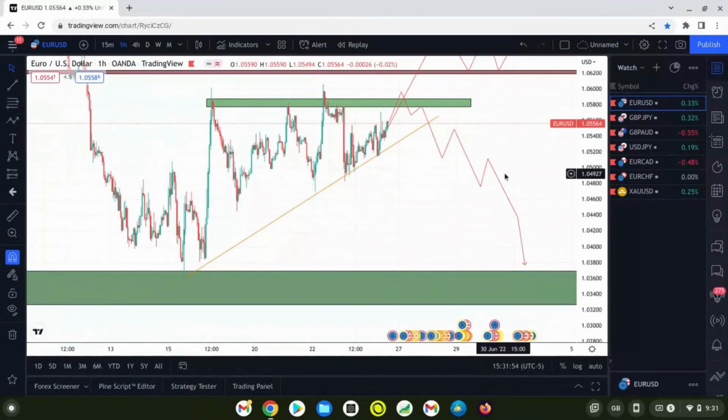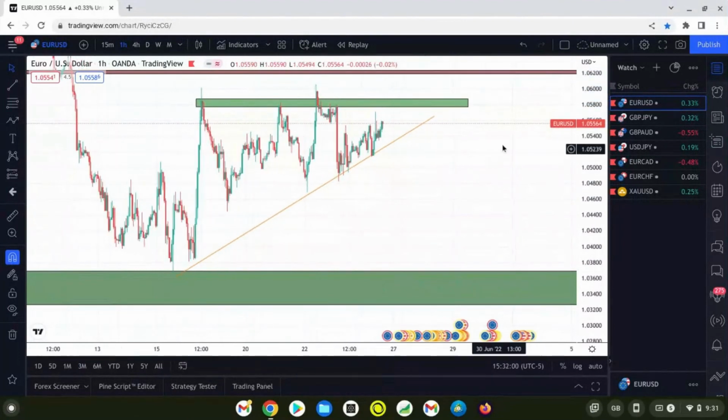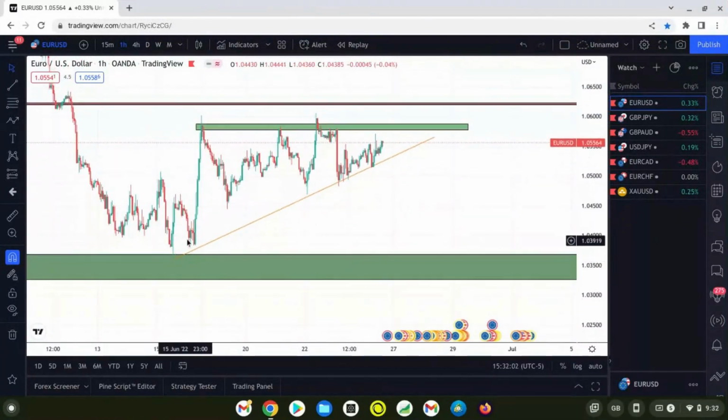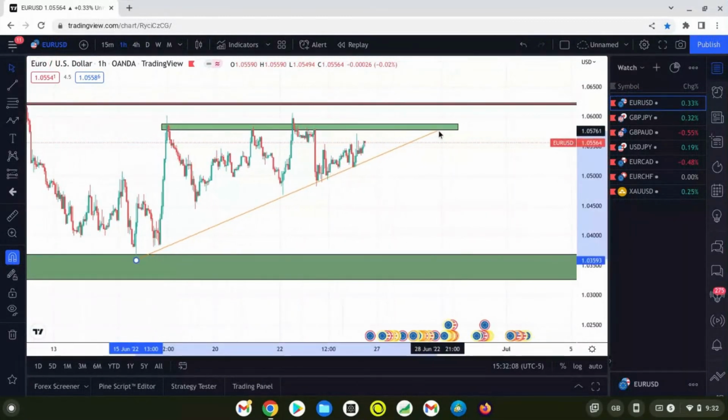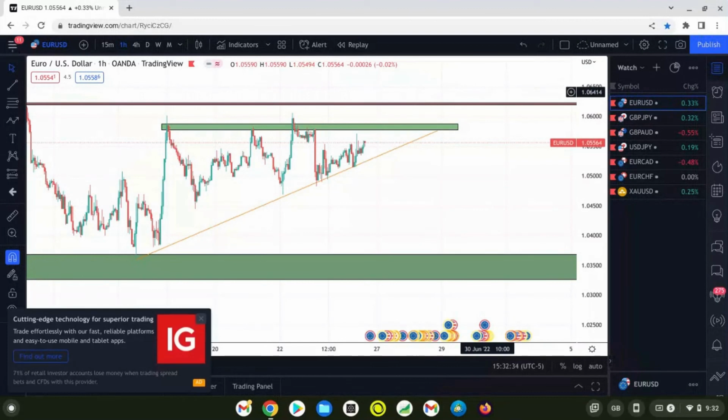So I'll just take this out, delete, and you can see how price has respected this trend line, and price is getting to that point where we either break this trend line, retrace and then start the journey down here, or we break this and go up. That is the reactionary aspect of trading. Like I said, no one knows what's going to happen, so you have to be reactionary. You have to react to what the market is doing per time.